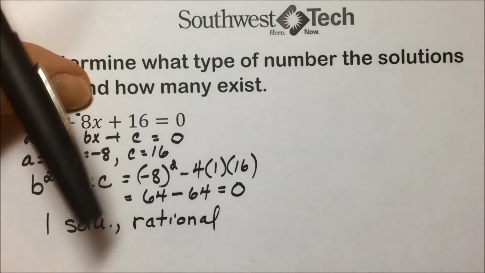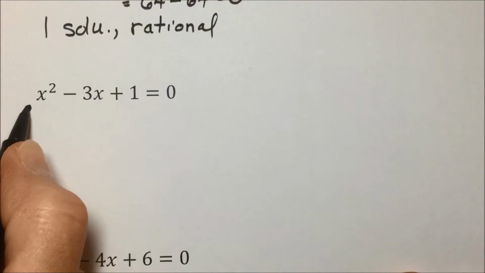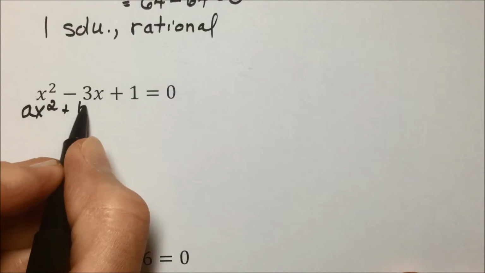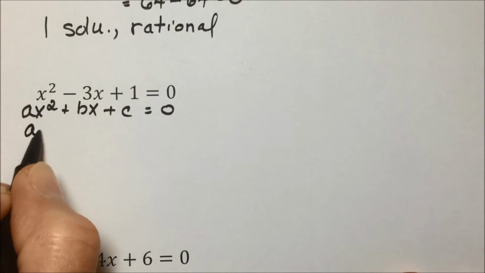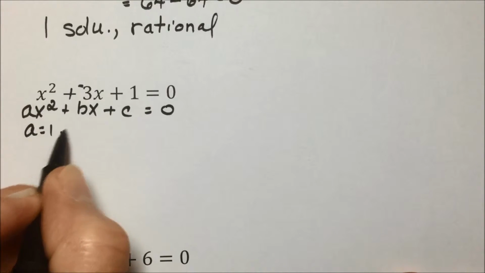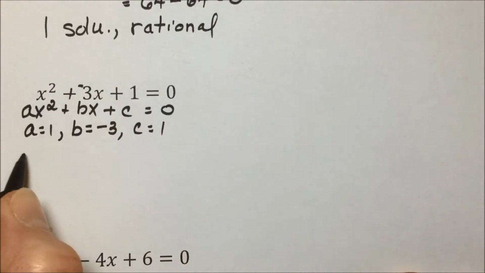In the next problem that's given, we're asked the same question. So identifying the values of the coefficients on our quadratic equation, we have that a is equal to 1. Subtract 3 is the same as plus a negative, so that means b is equal to -3 and c is equal to 1.